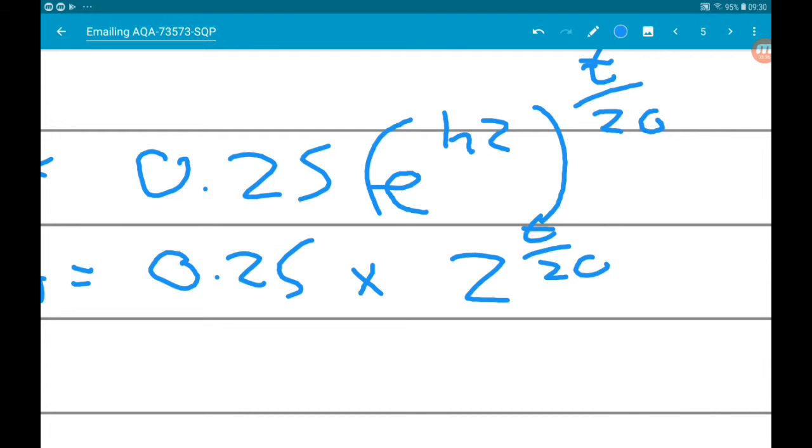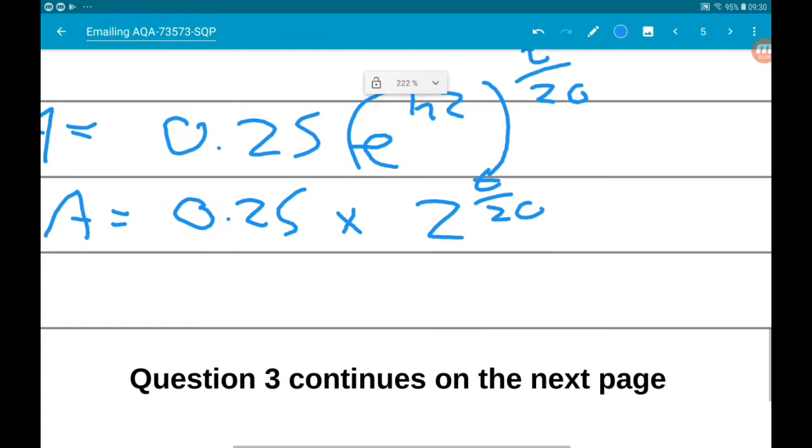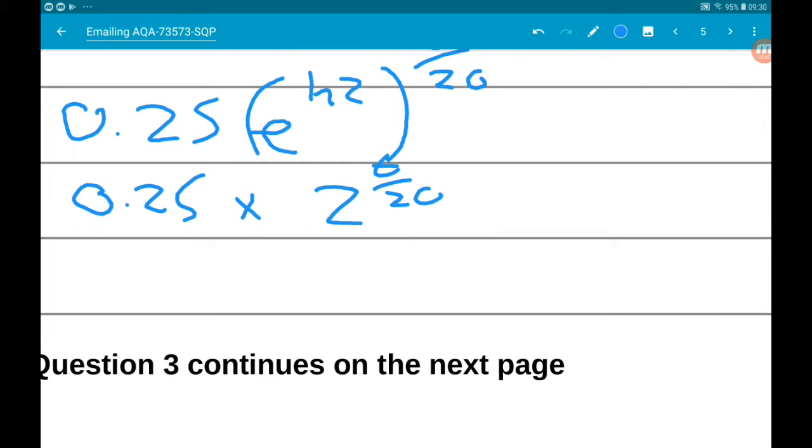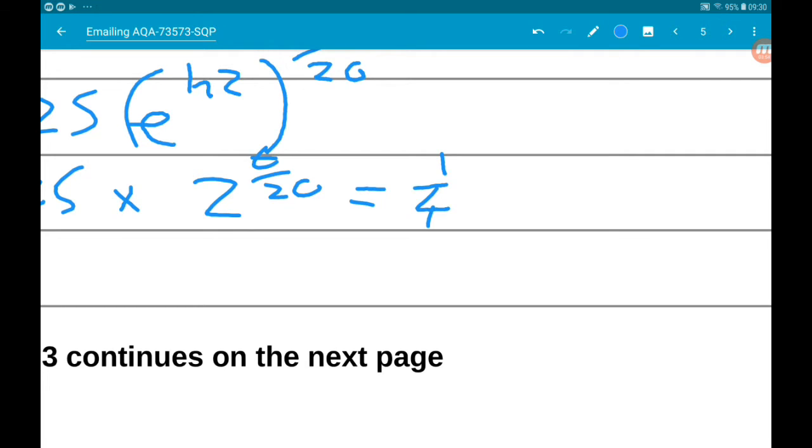So we're getting close. Now 0.25 as a fraction is 1/4. So we could try this as 1/4 times 2 to the t over 20.